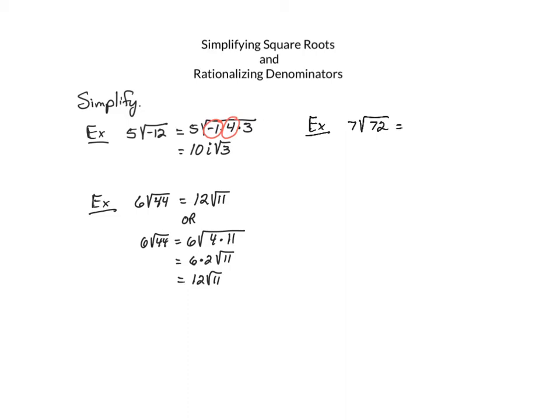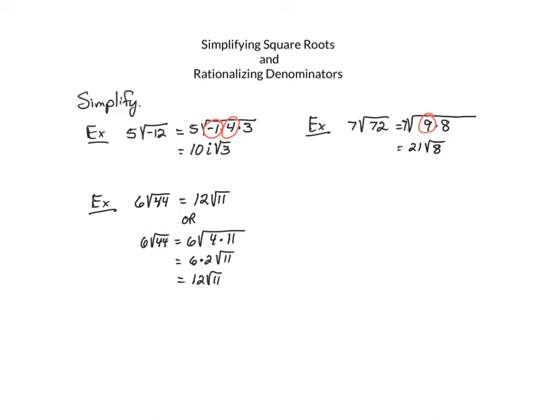Nothing wrong with that. I'm going to write out all the details so you can see it. So we have the 7 out front, and we have 9 times 8 underneath the radical sign. Our 9 is a perfect square, so the square root of 9 is 3, so the 3 comes out and gets multiplied by that 7. So we have 21 times the square root of 8.